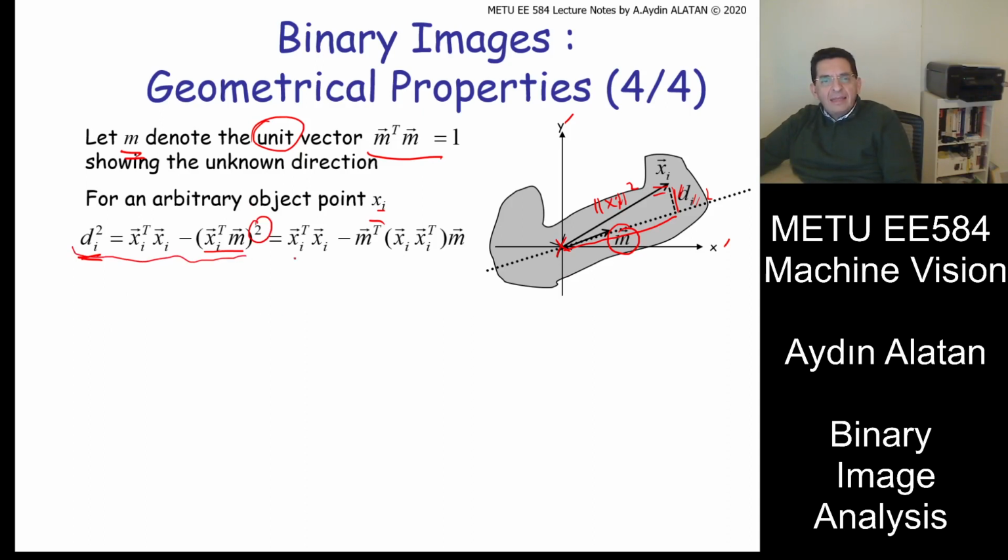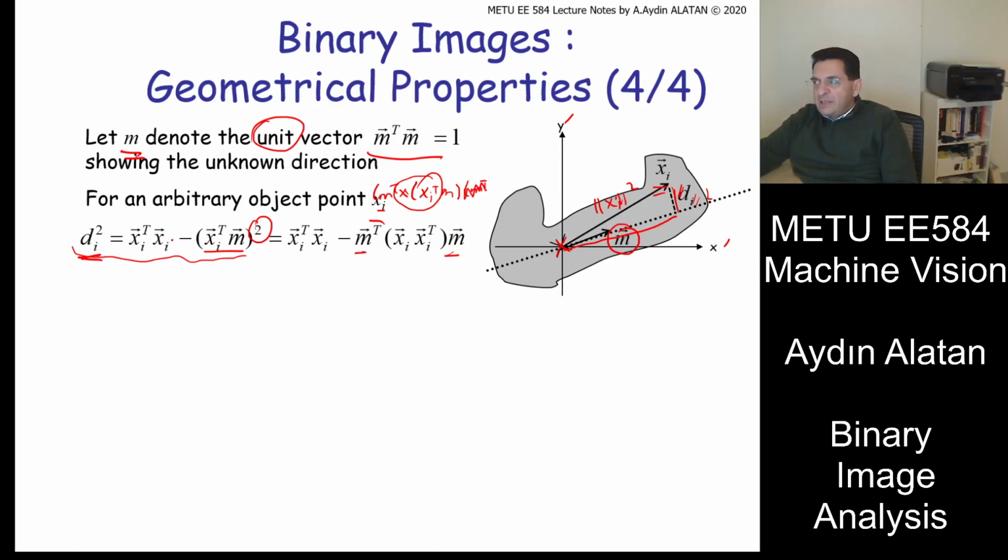I'm going to write m transpose x_i times x_i transpose m, so m transpose and m are left and right multiplied.